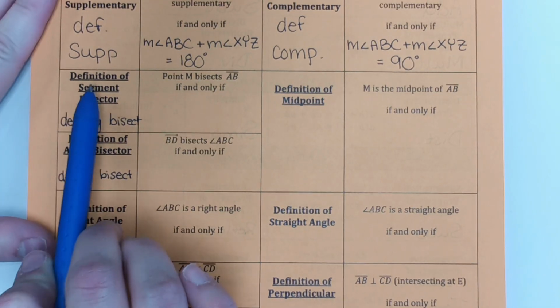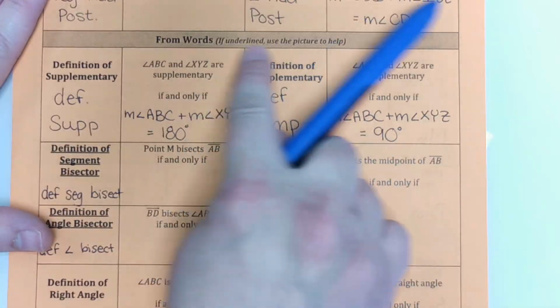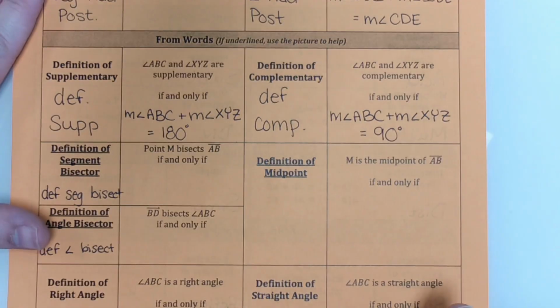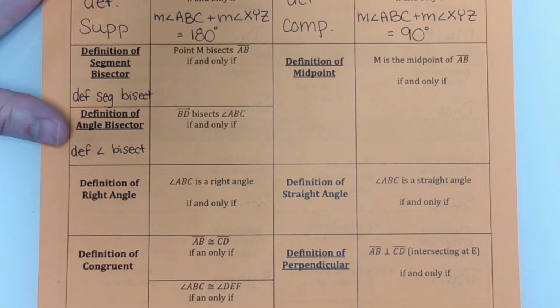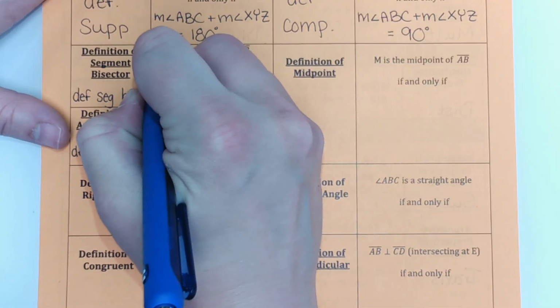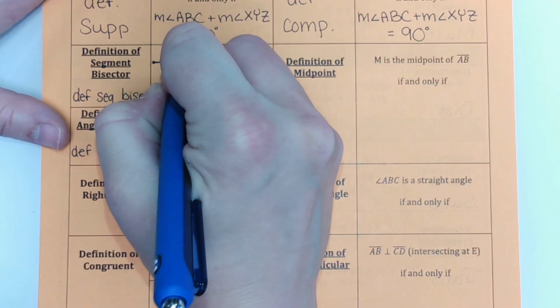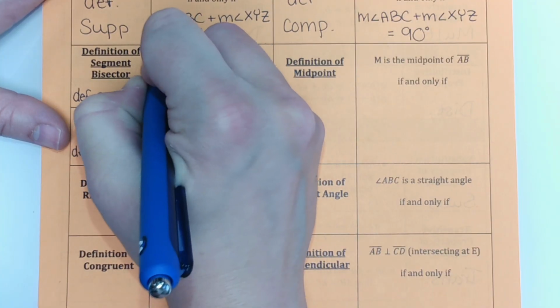Now, do you notice that these ones are underlined? Underlined ones, it says up here, generally means you're going to have a picture that helps you out as well. So I'm just going to draw a very tiny version of the picture, because I have things that I need to write with this.